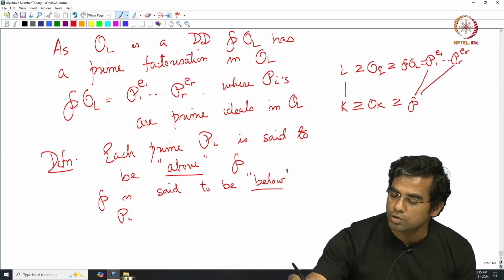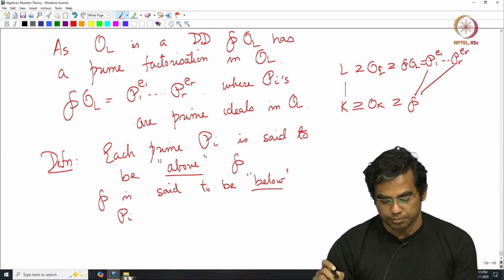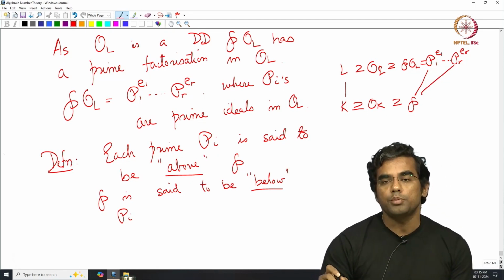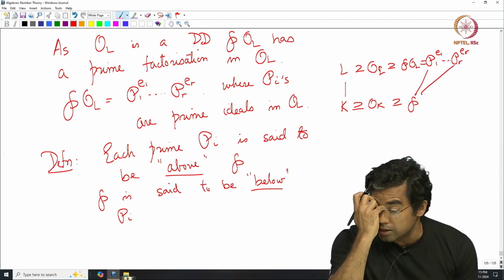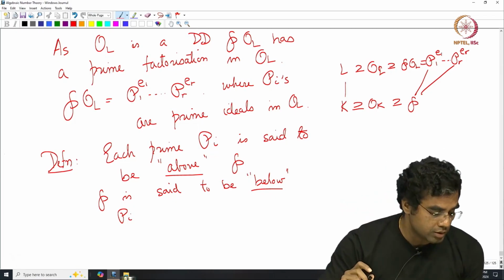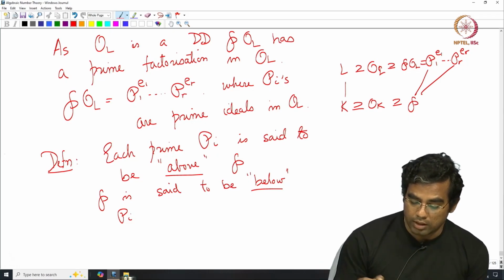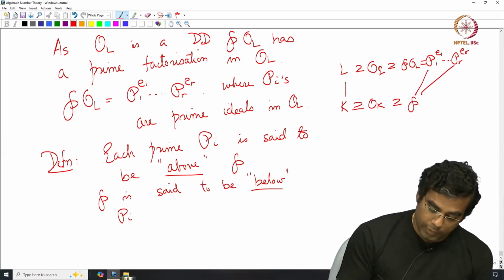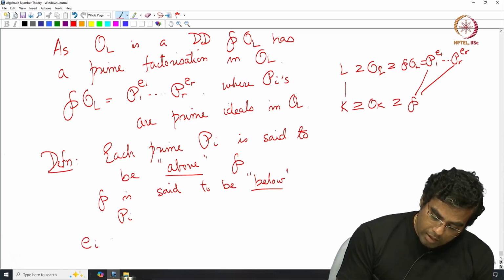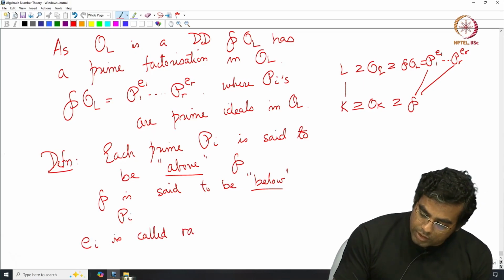And so, each of these Pi is above small p. Later on I will prove that Pi intersected with OK is exactly small p, and so it will make more sense I think this way, but I can give the definition right away. Okay. Ei is called the ramification index.